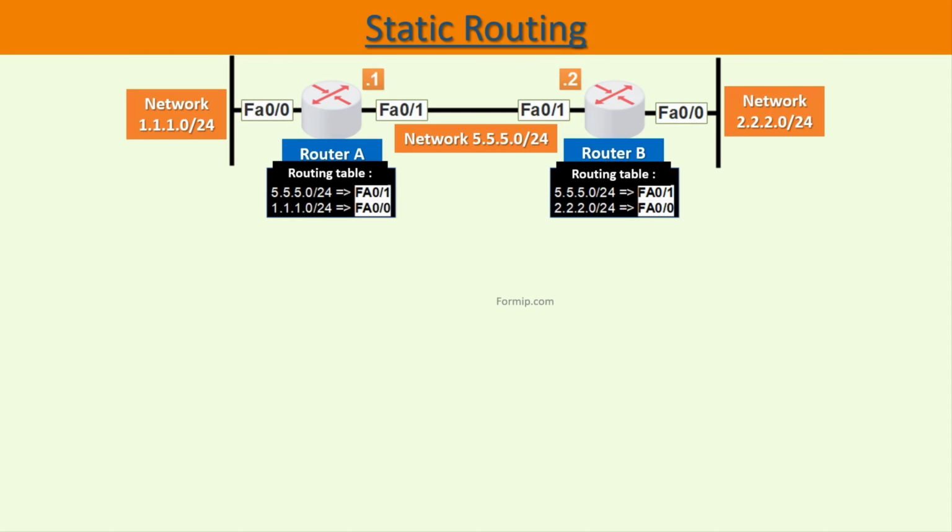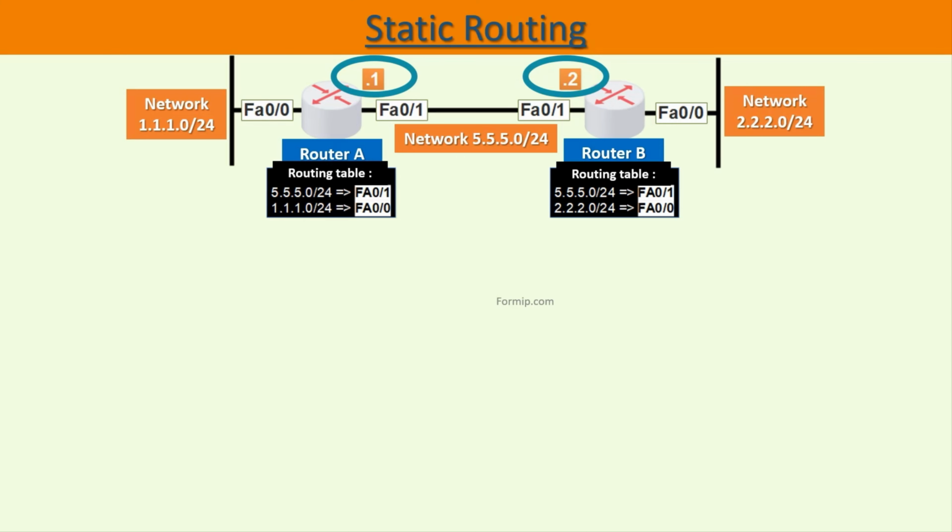The 1 on the A router side means that Ethernet interface 0/1 carries IP 555.1. And the 2 on the router B side matches IP 555.2.